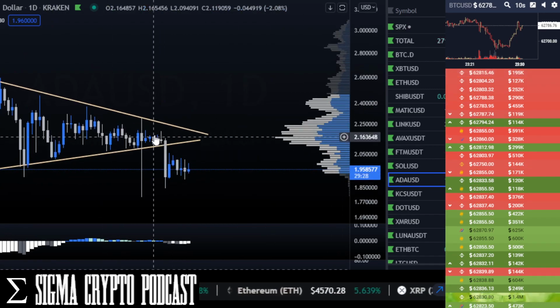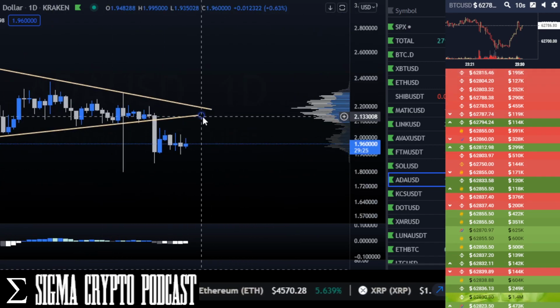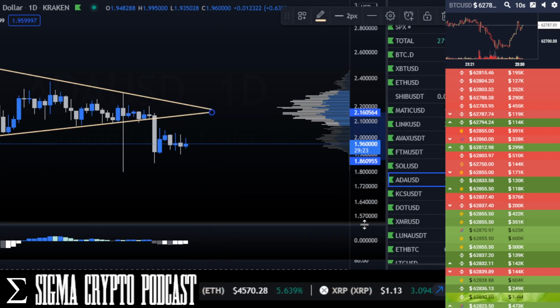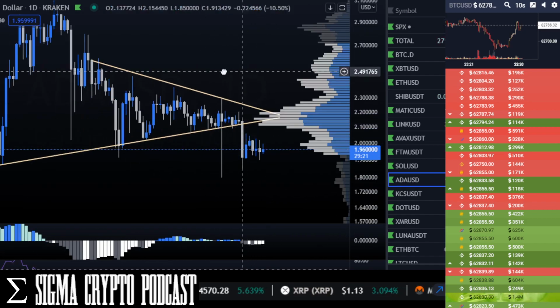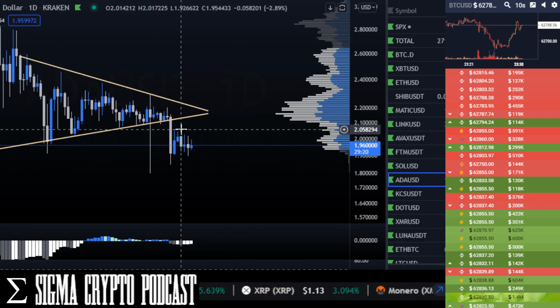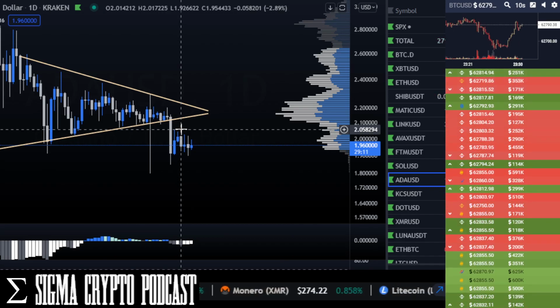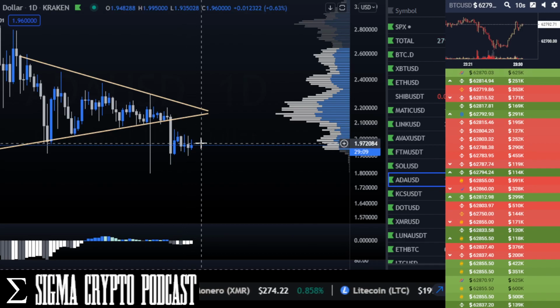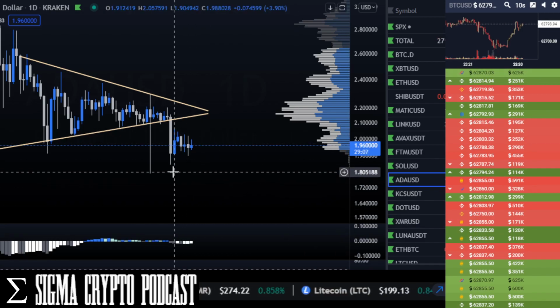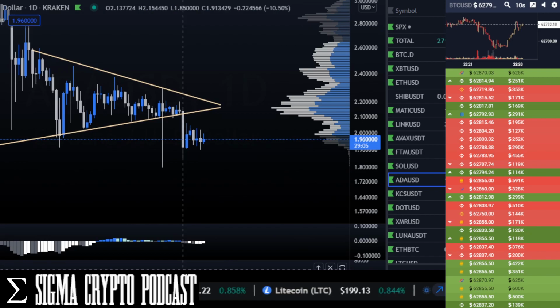It tightened, and it just fell right out of the symmetrical triangle. And this is a neutral chart pattern. It's not really indicating potential upside or downside. It's just demonstrating that the price is tightening in its current range, basically an indecision pattern. It doesn't tell you that a move one way or another is going to come.